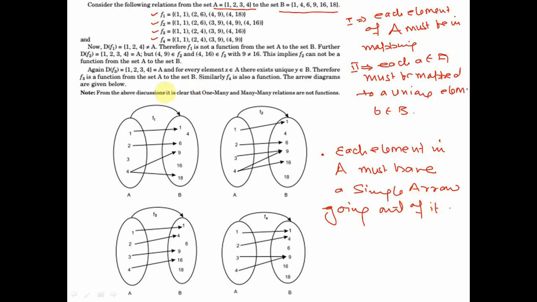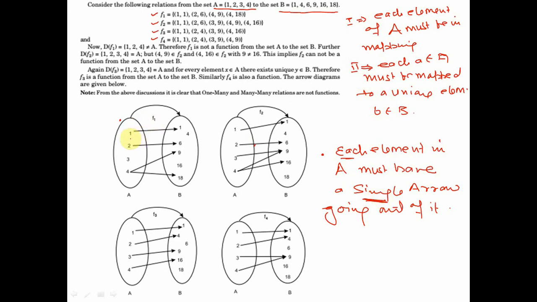So if I have an arrow going out of each element of the set A, that means the first condition is satisfied. And the second important word over here is single, right? If I have a single arrow, that means the second condition will be satisfied.